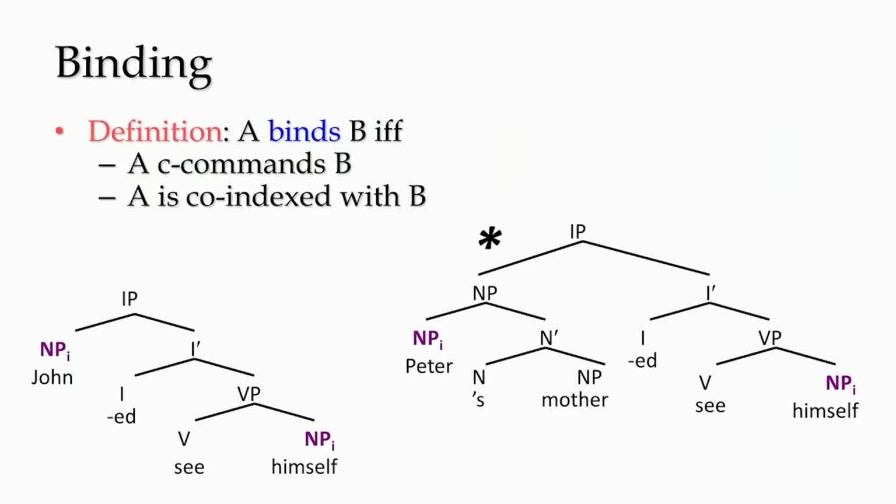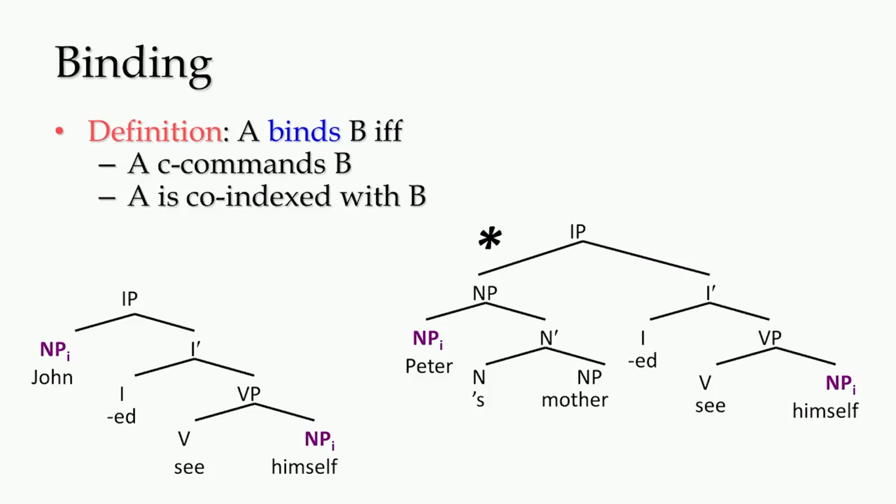So, there are two conditions for binding, and we are looking at these two conditions in terms of structure, in terms of phrase structure of these sentences, and how elements are represented at this level of representation in the human mind.